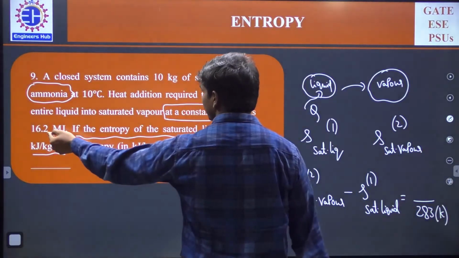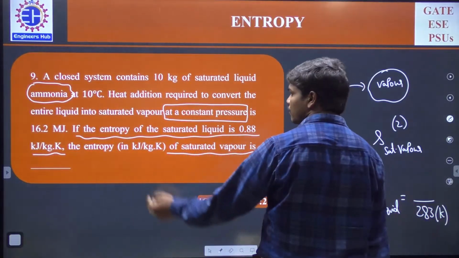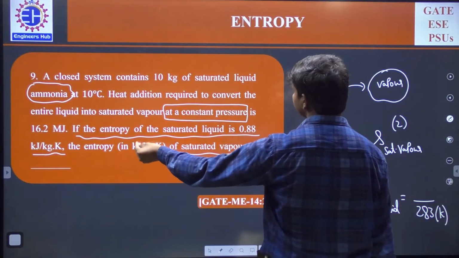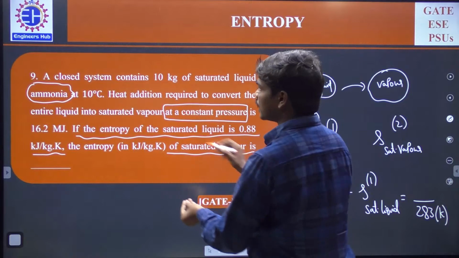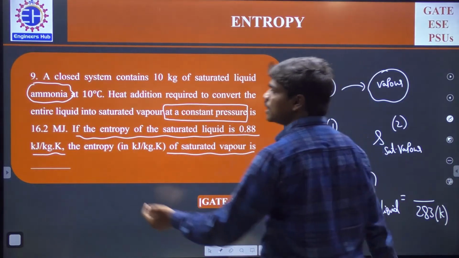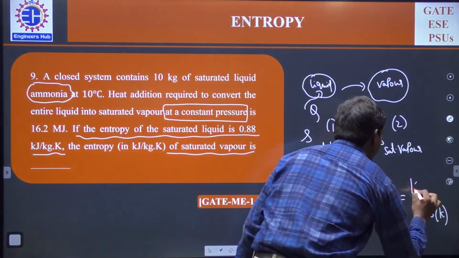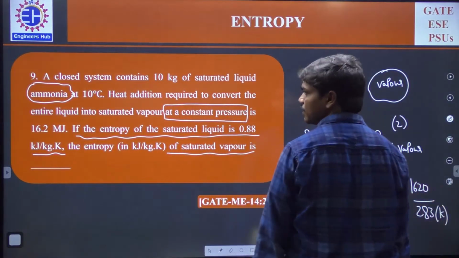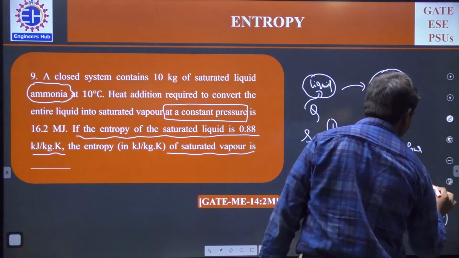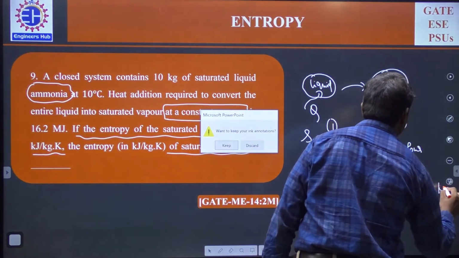And the heat supplied is 16.2 megajoules. He's asking for the value in kilojoule per kg Kelvin, and the entropy is also given in kilojoule per kg Kelvin, so let us convert megajoules into kilojoules. If you convert, we have 16200, I think one more zero could be added here, kilojoules.